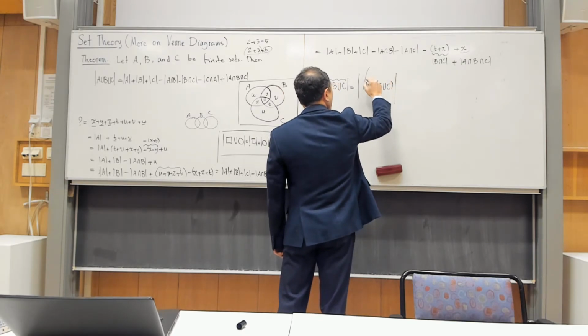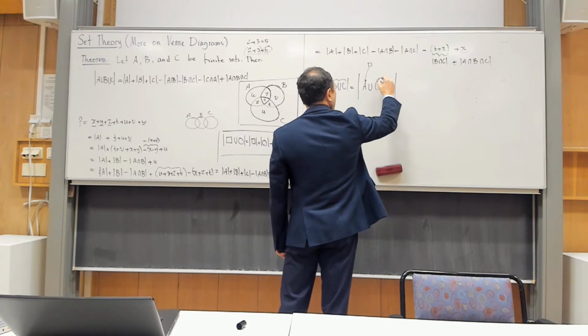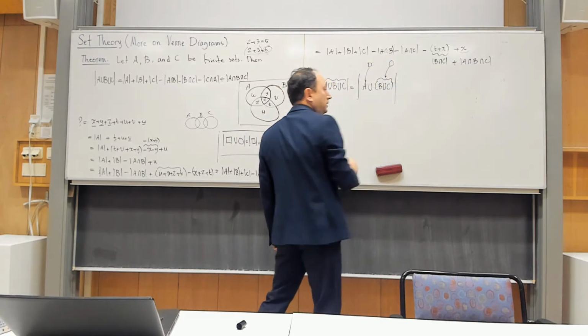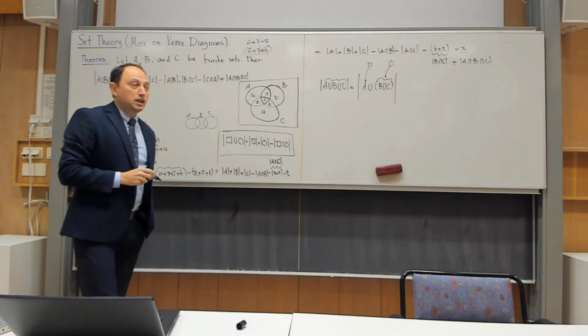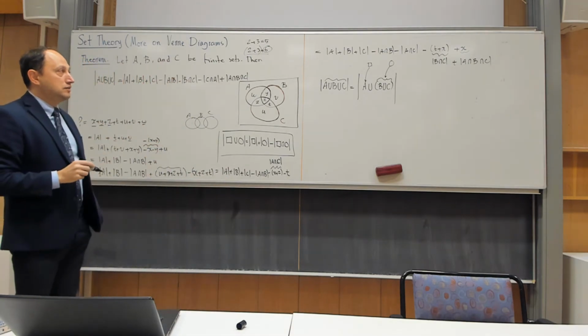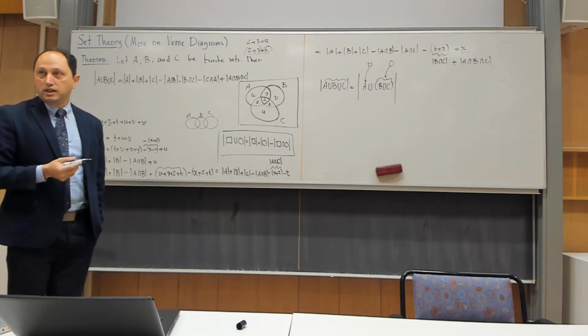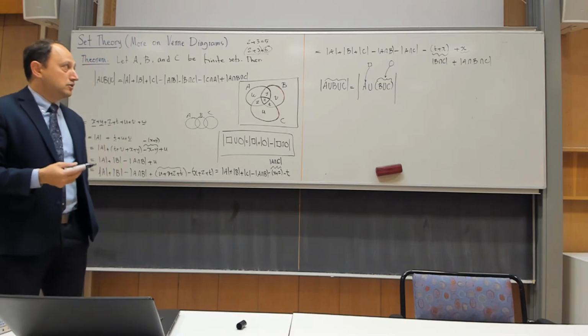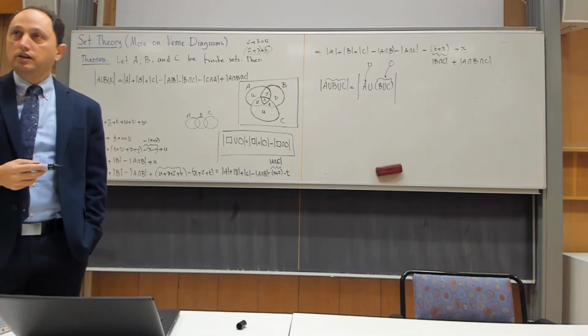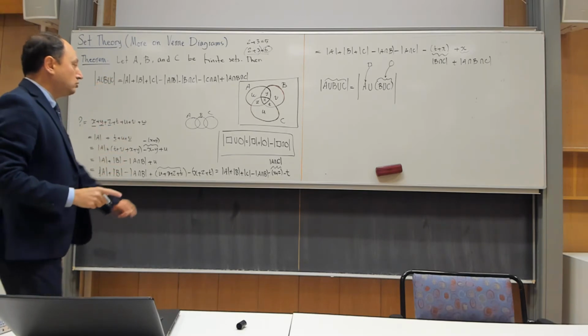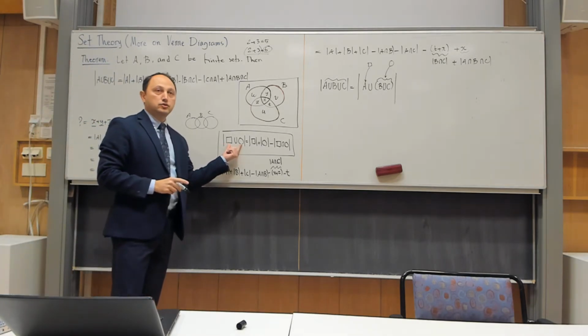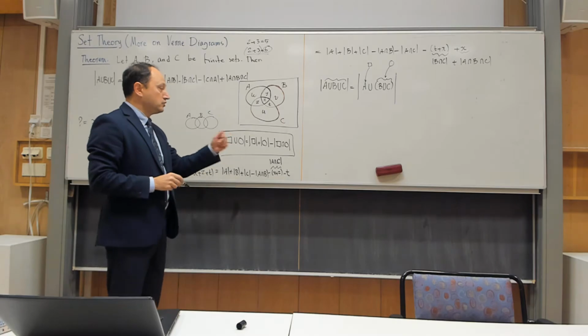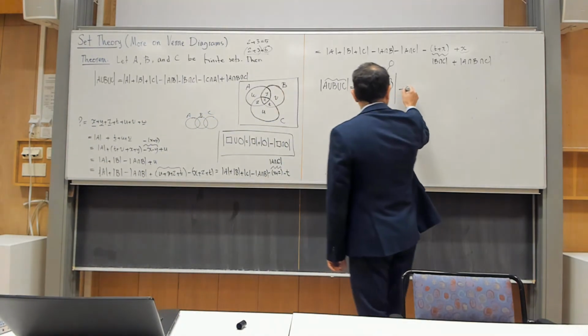Now I can give the role of the box to this, and I can give the role of the circle to the whole packet there. If I ask you now how many sets are involved in your problem, you would say 2 sets. One of them is called A, the other one is called B union C. Is that right? So now that I have the formula for the cardinality of the union of 2 sets, I can write and use it. So can you help me to write what I want to do?